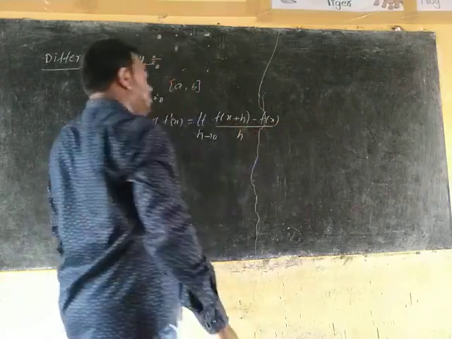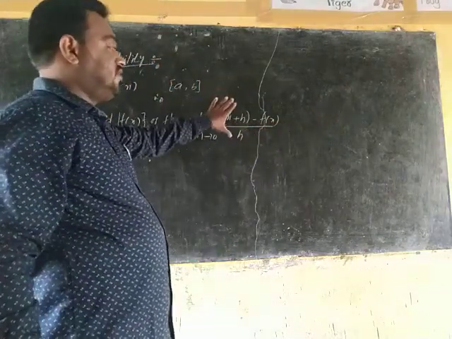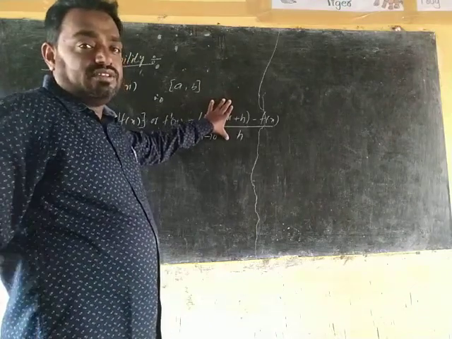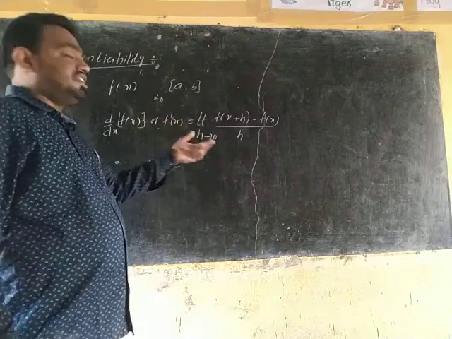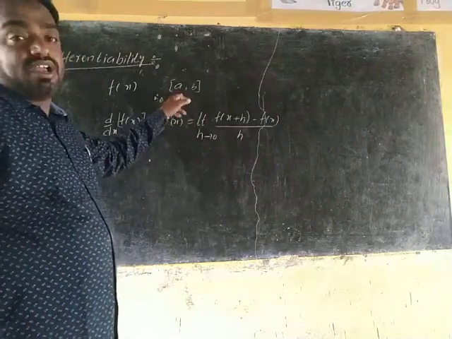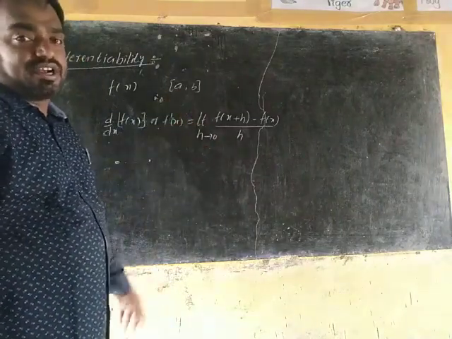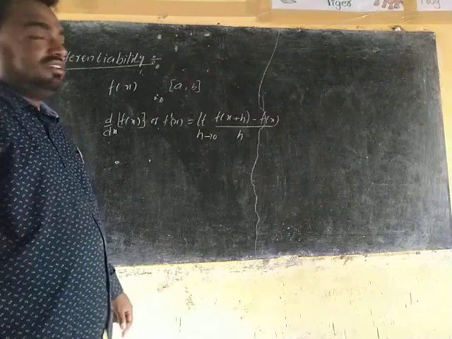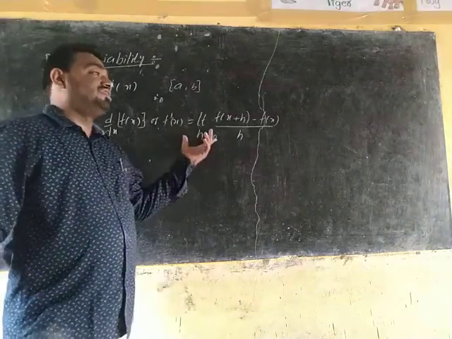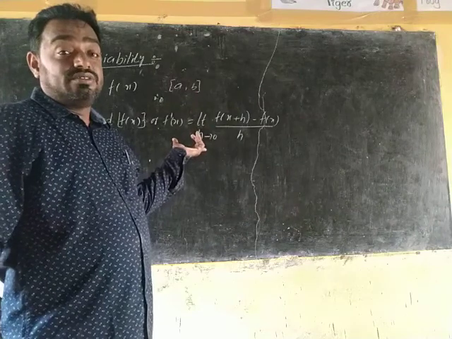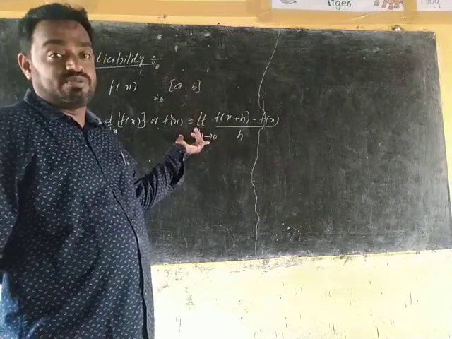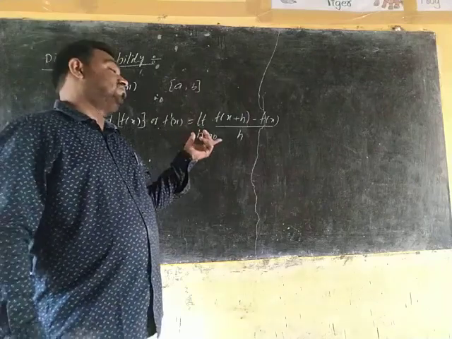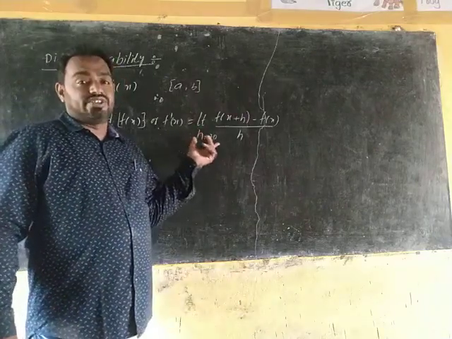If this value is defined, then the function is differentiable in the interval a comma b. Otherwise it is not a differentiable function. In first PUC, we called this formula the first principle of derivative.